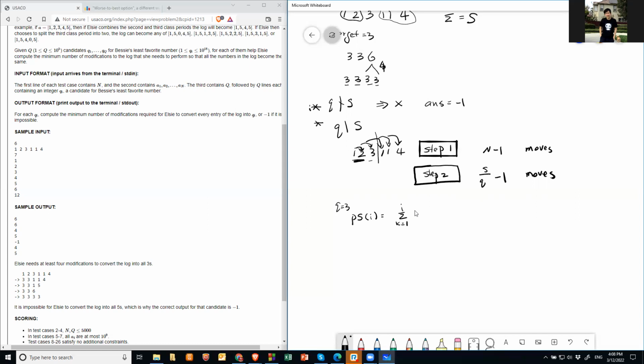If my prefix sum of i is divisible by q, then I have no need to merge. So this is my optimization.